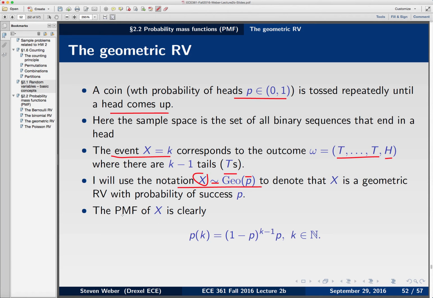Then the probability mass function for X has components p_k, where p_k, the probability that in a sequence of independent Bernoulli trials, each of which results in a head or success with probability p, it takes k trials to see the first success, is 1 minus p to the k minus 1 times p, the probability that we have k minus 1 failures and our first success on trial k.